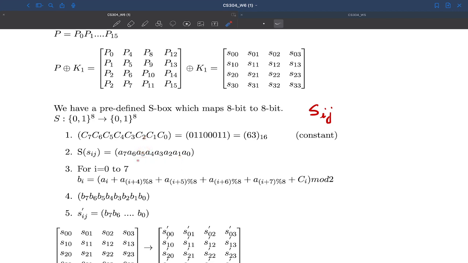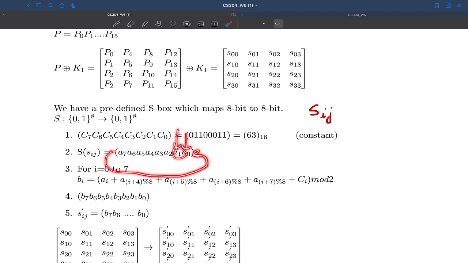What is the bit at distance 4 from this bit? Since we are going from right to left, let's traverse 4 units to the left. From 5, this will be at 1 unit, this at 2 units. But after that, since after a7 I don't have any bit, I circularly move back, so this will be at 3 and this at 4.